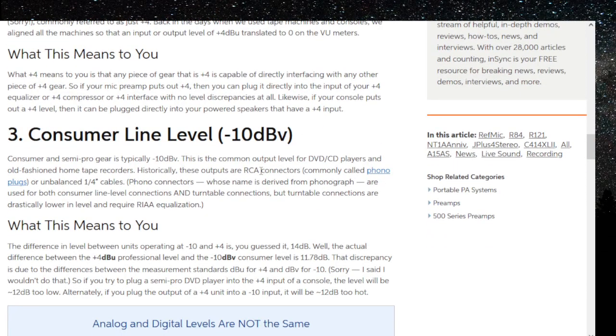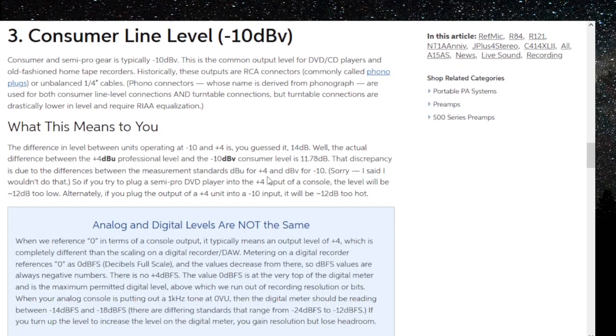So consumer line level is minus 10 dBV, but it doesn't really tell you. The difference between the level units is, you guessed it, 14 dB. Well, the actual difference for consumer level is about 11.